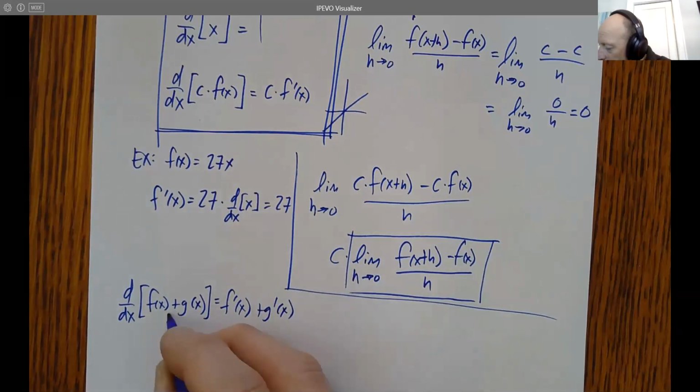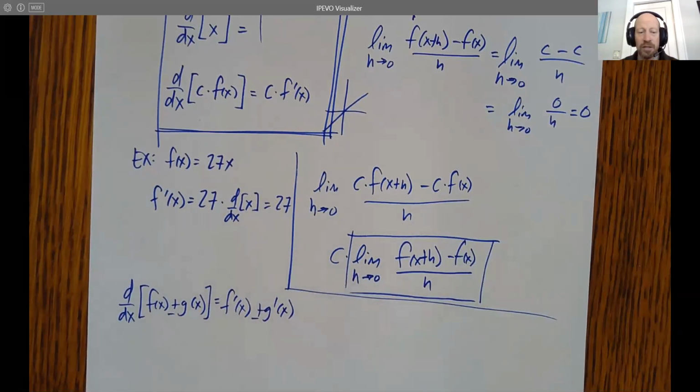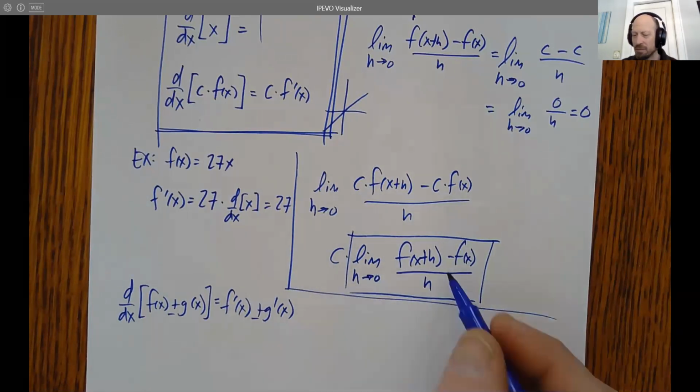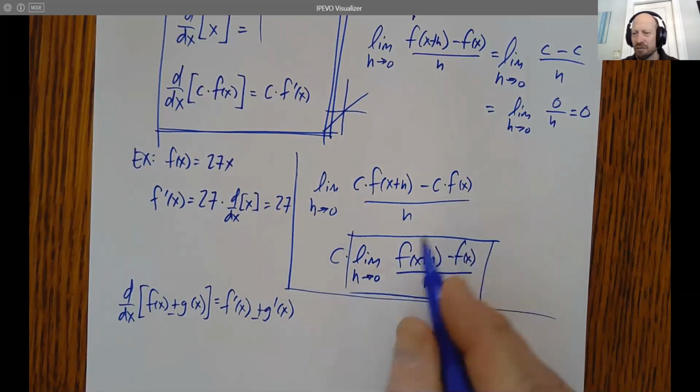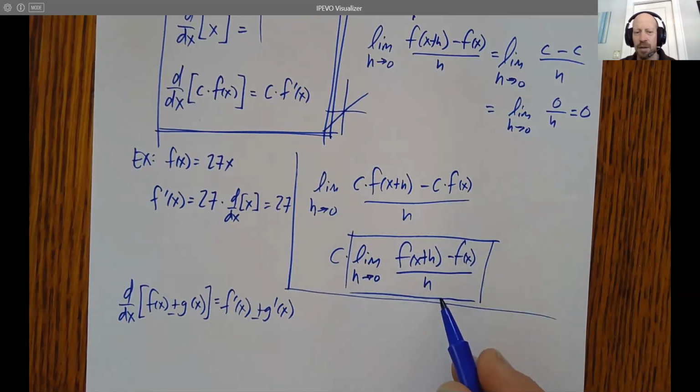And that works for both addition and subtraction. It comes from limits, but it's not guaranteed to work for everything. It turns out it works for sums and differences.